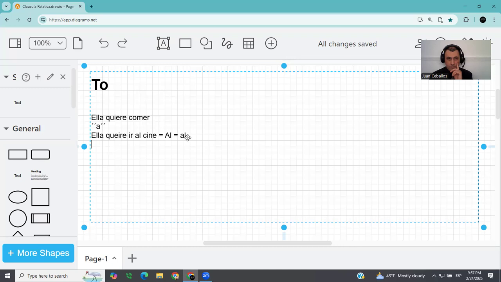Okay, to make money. In this case, I can change "to" in English to "in order to", and in Spanish, "to" will translate as para.